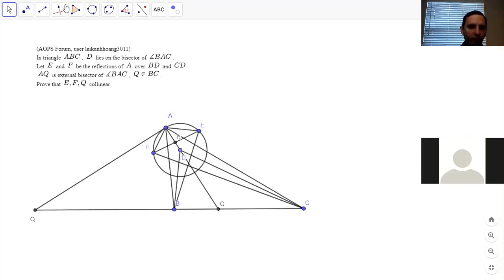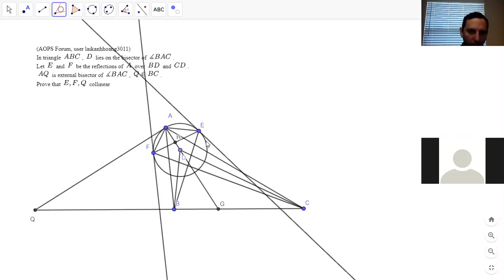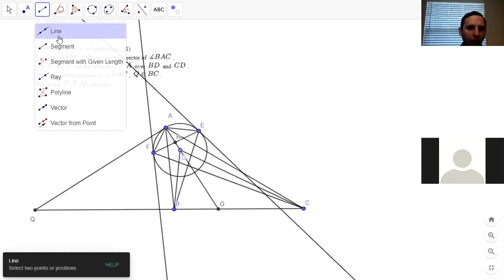Is AG a symmedian? Doesn't look like it.